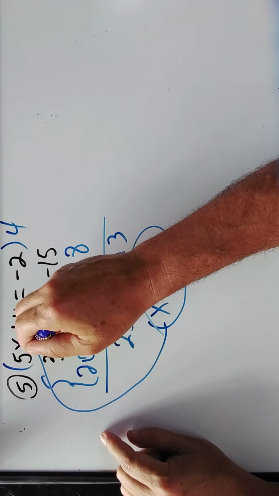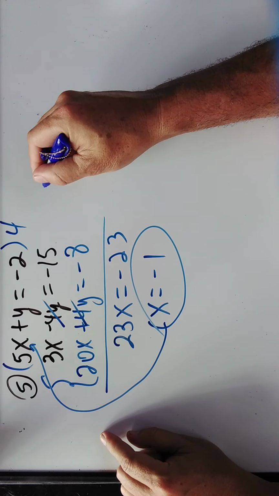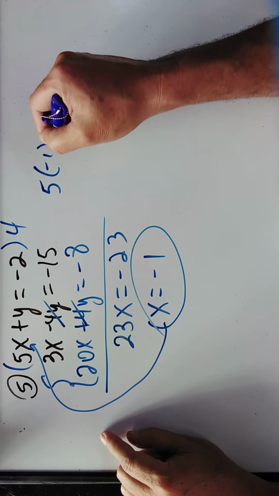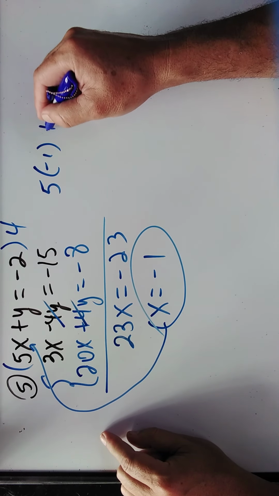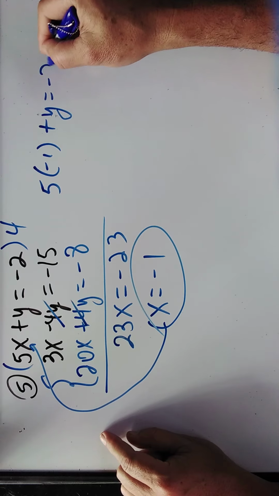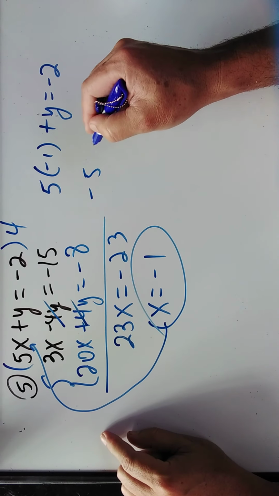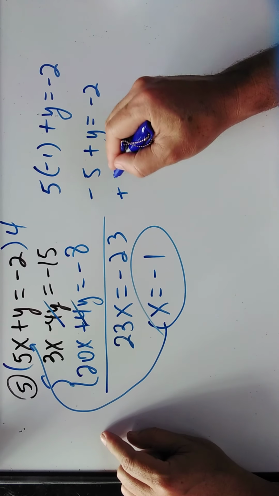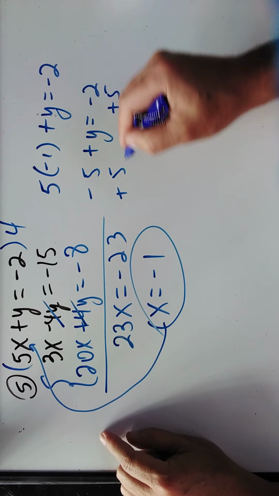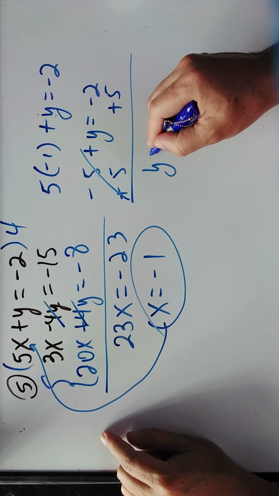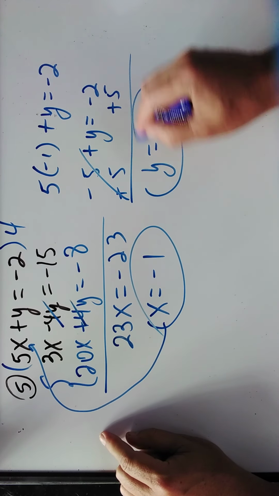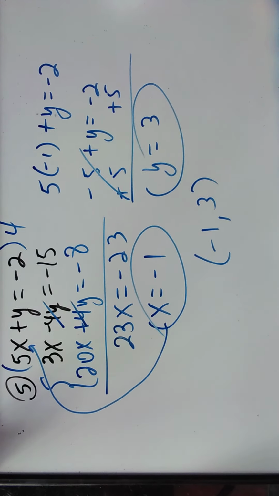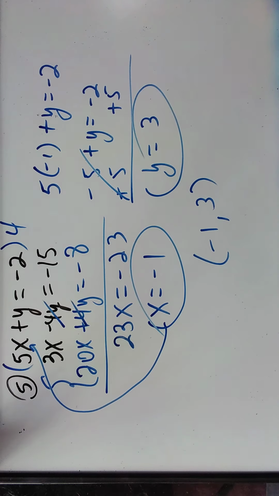So we're gonna have 5x, but I know now that x is -1. 5 times -1 plus y equals -2. -5 plus y equals -2. And then we just add 5 to both sides. y equals 3. -1 and 3 is the solution to my system.